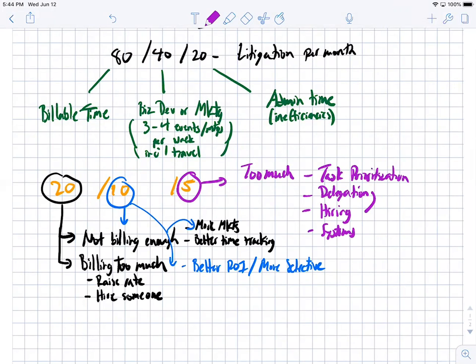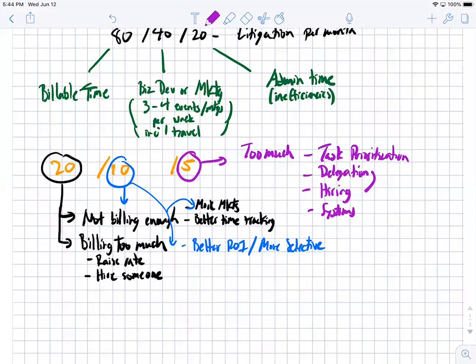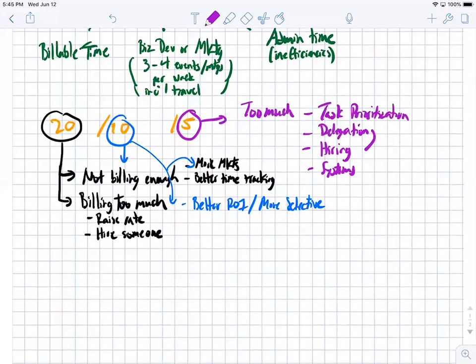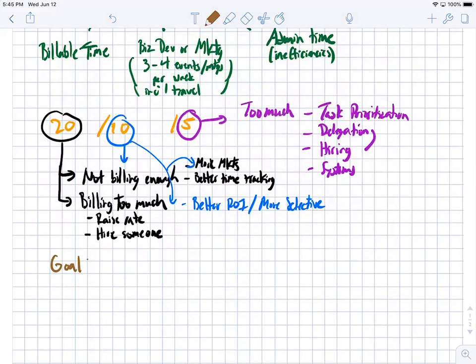It's pretty powerful. And the way we typically start is we lay this formula out, and then we come up with what are their numbers. So their numbers should be around here. Some law firms will skew more billable time than others, and some people may want a little bit less marketing time. Those are typically the two variables that we play with. But at the end of it, the goal is to get to about a 35-hour work week.